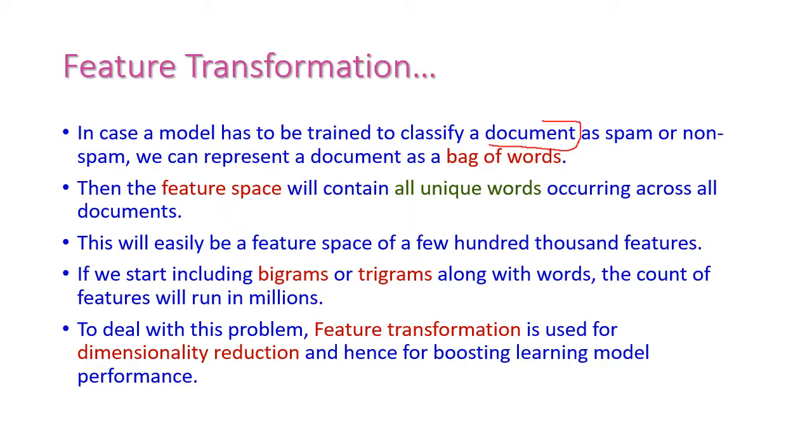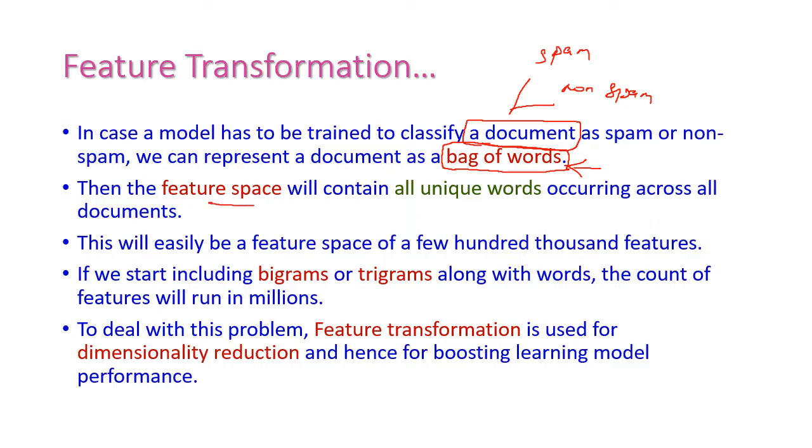We will take one document, and the document should be classified into spam or non-spam, based on the words which are used in the document. All the words are called the bag of words. Bag of words means all the words which are used in the document.